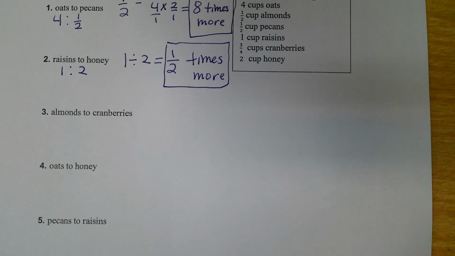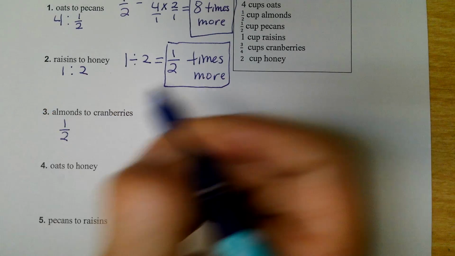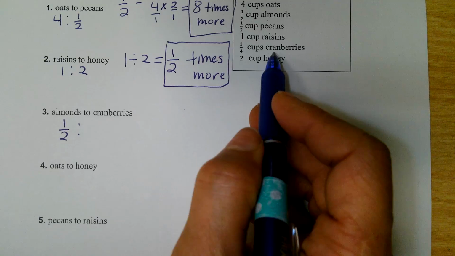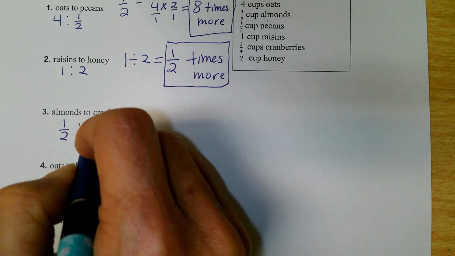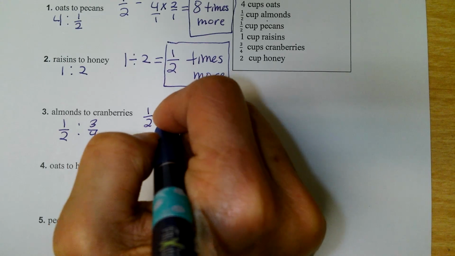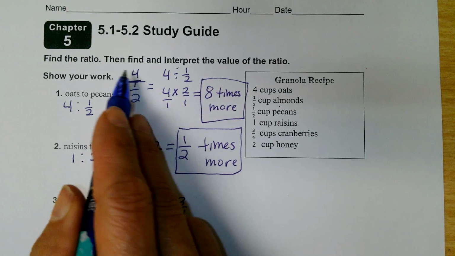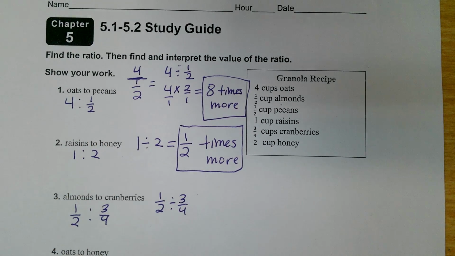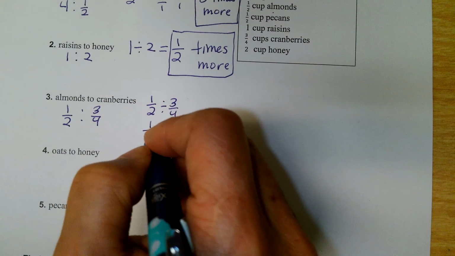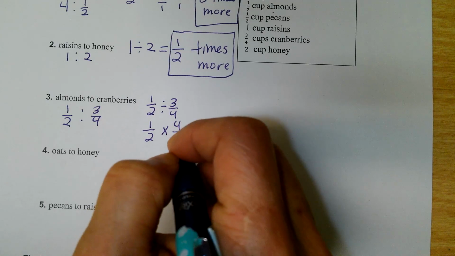Okay, almonds to cranberries. So almonds is half. I'm getting it from here again. And then your ratio is cranberries is 3/4. So we are writing it half divided by 3/4. I kind of skipped this part here, which you can still write. That's the ratio. And then you keep, switch, flip. So keep, change, flip.